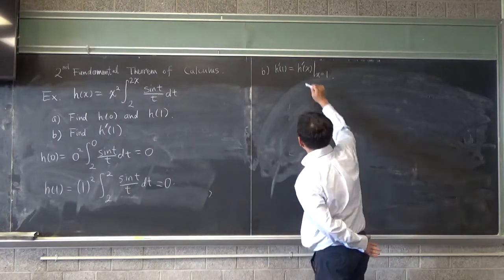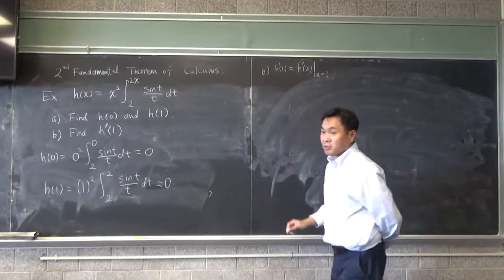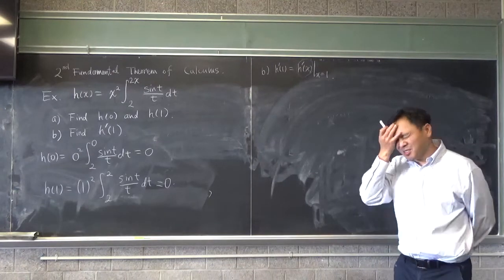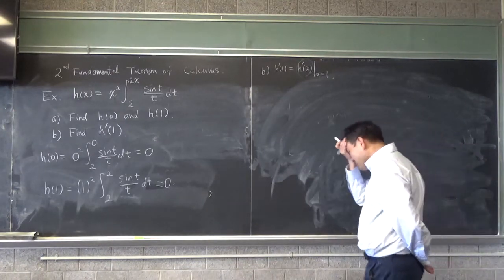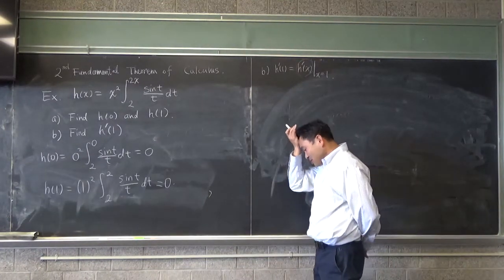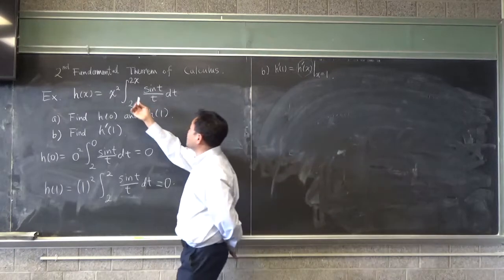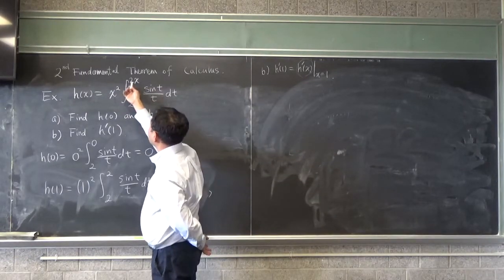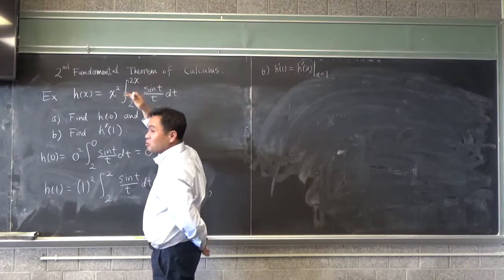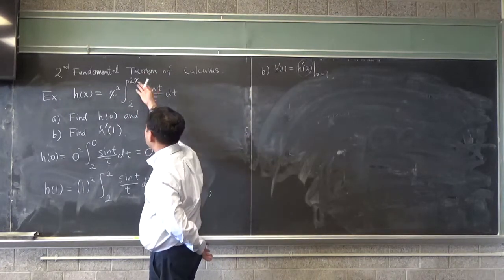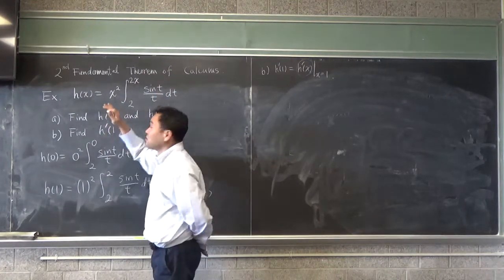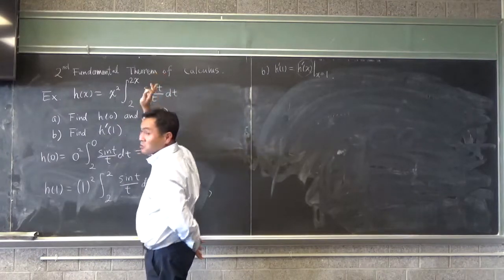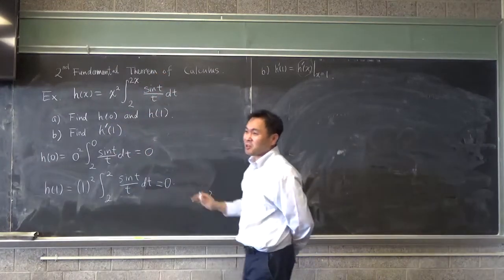I realize that this is quite challenging, especially when this is not just x. If this was just x, then you can use the formula for the second fundamental theorem of calculus. But as I said, the formula is useless here. Don't even bother using it.